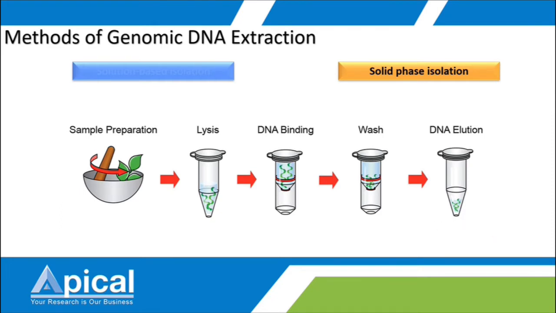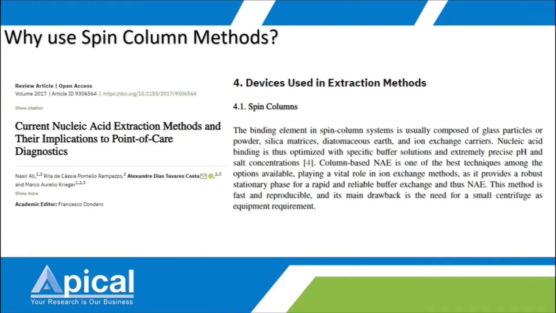One advantage of the silica membrane spin column is that silica is bound to a solid support, which is the column. With this, it actually eliminates the problem of glass bead contamination in the extracted DNA. I actually found some papers stating that the spin column method is more favorable, for example, in this review.